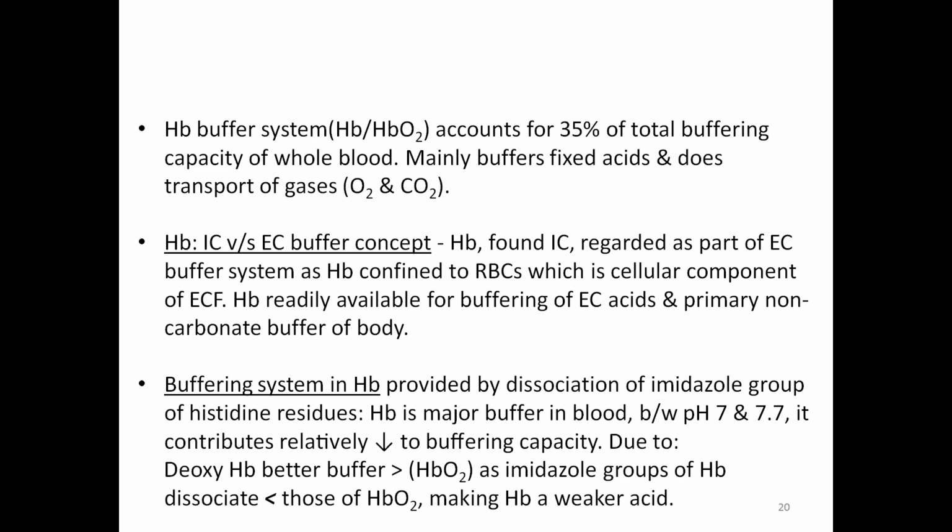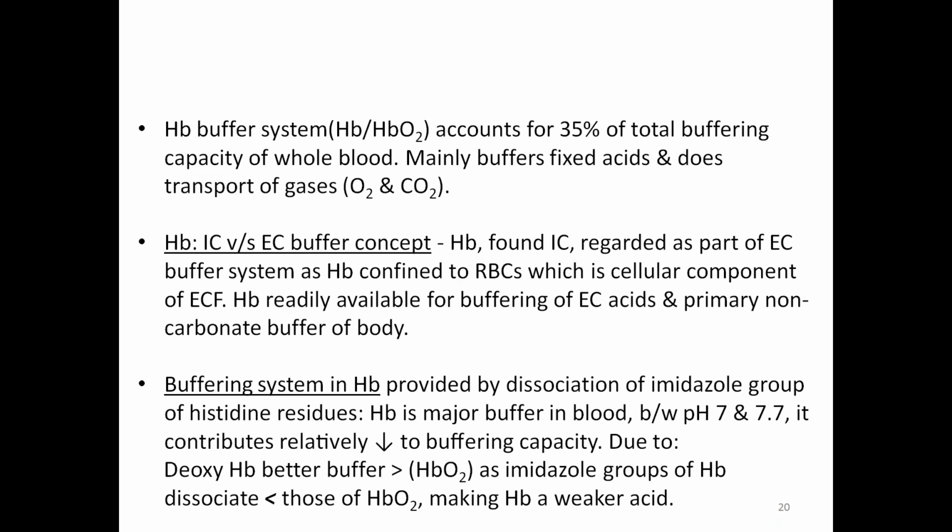So hemoglobin, even though it is found intracellularly, is regarded as part of the extracellular system, as the hemoglobin is confined to RBCs, which is a cellular component of ECF. So this is the reason why earlier also we referred to it more like an ECF buffer. And hemoglobin is readily available for buffering of extracellular acids and is the primary non-carbonate buffer of the body.